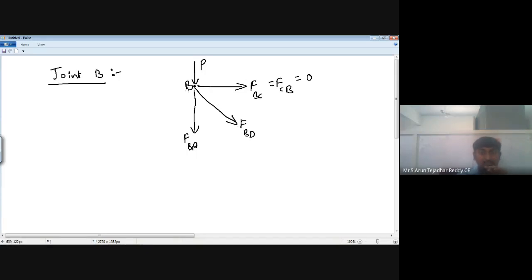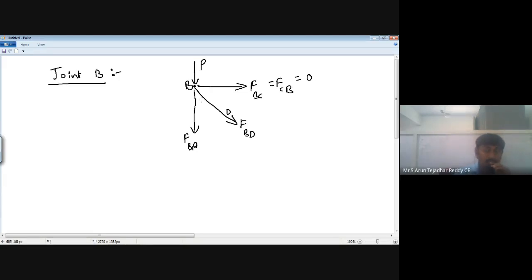See here, BC member or else CB member is horizontal, BA or else AB is a vertical member, and from B to D, this is an inclined member.